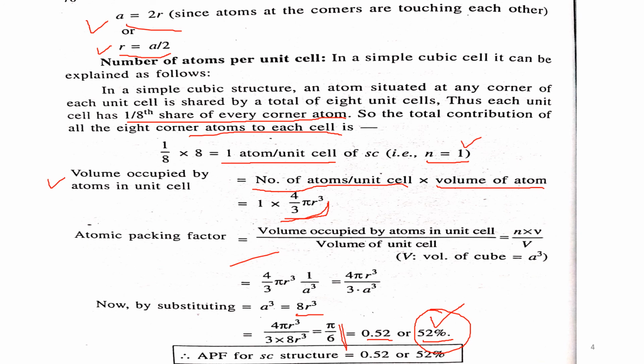The remaining 48% of the space is in the form of voids or holes. Therefore, we can't occupy 100% of the space for the simple cube. Only 52% of the space is occupied. Therefore, the packing density, or atomic packing factor, or efficiency of packing for the simple cube is only 52%.